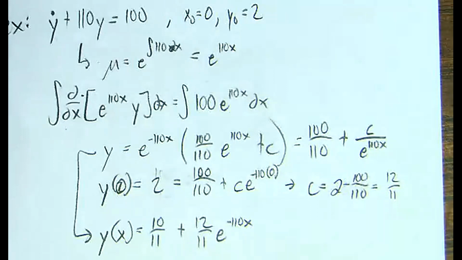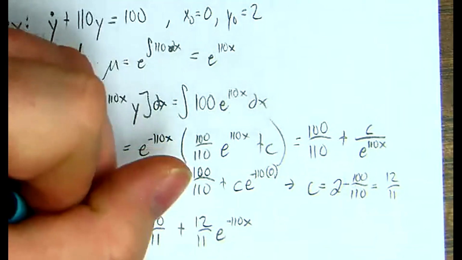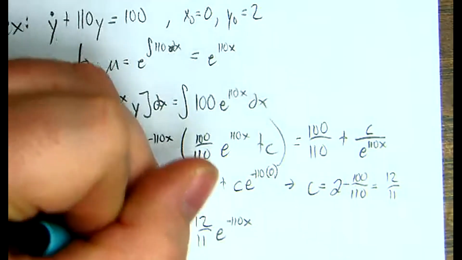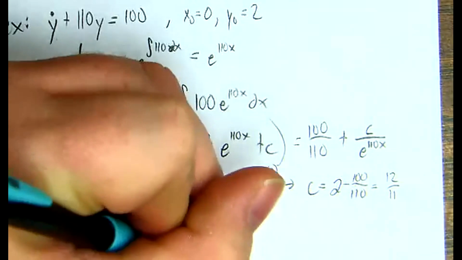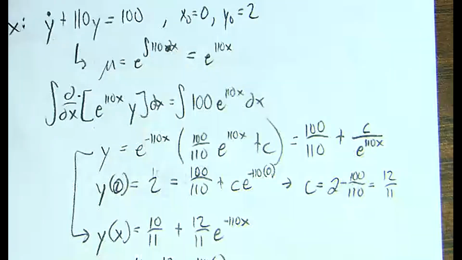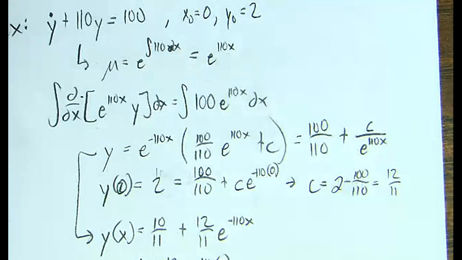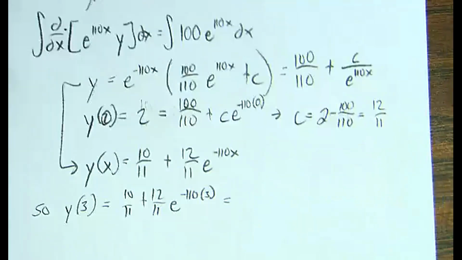And if our goal was to approximate y of 3, I get 10 over 11 plus 12 over 11 e to the negative 110 times 3, which my calculator is pretty insistent is just 0.